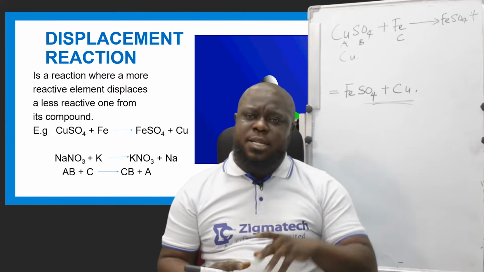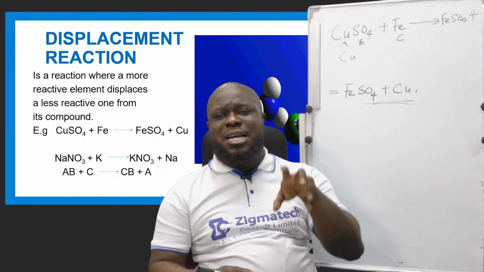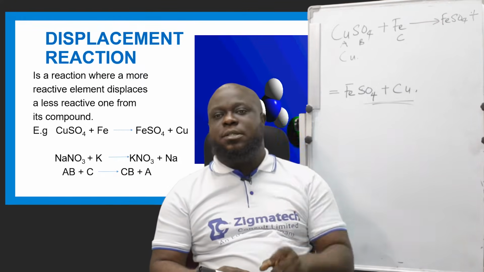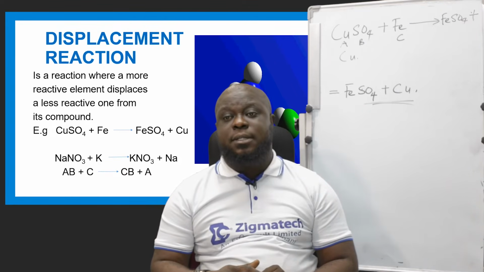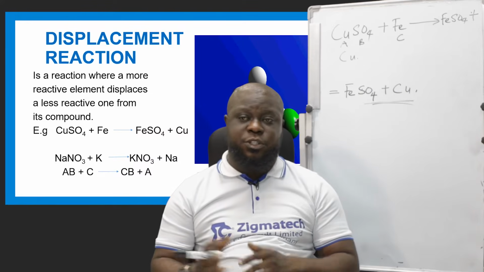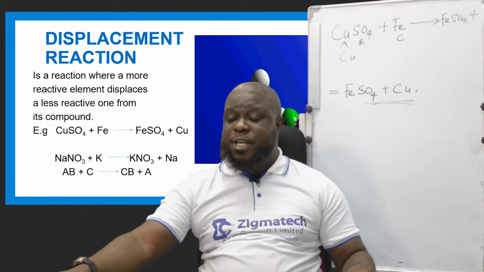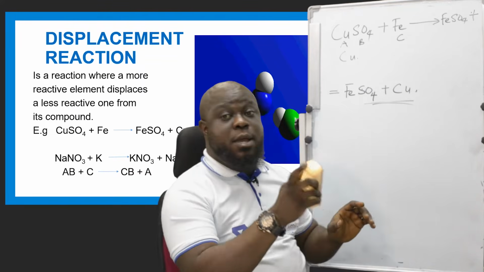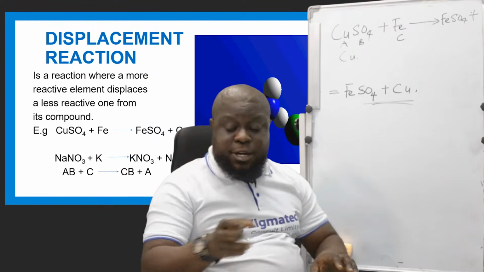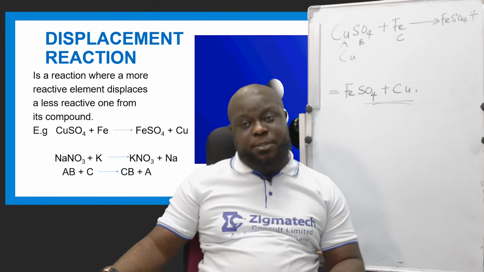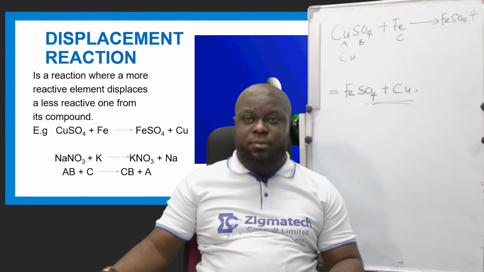If you check, the potassium is the C, reacted with the nitrate, which is the AB, and the sodium, which is the A, was displaced. Take note, in every displacement reaction, the first element in the reaction makes the displacement. Take note.